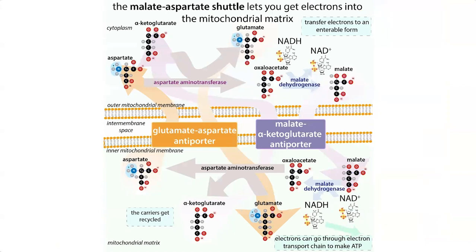Remember there, we took oxaloacetate and NADH and we reduced oxaloacetate to malate. Malate was then able to sneak those electrons into the mitochondrial matrix where they could be transferred back onto NAD plus to give us NADH. The reason we were doing it there was basically to regenerate that NADH inside of the mitochondrial matrix.